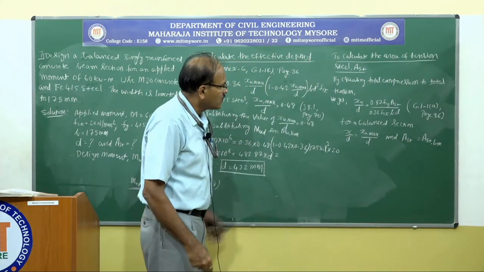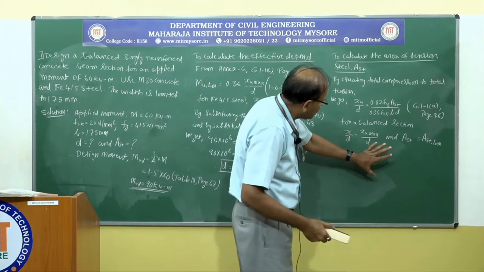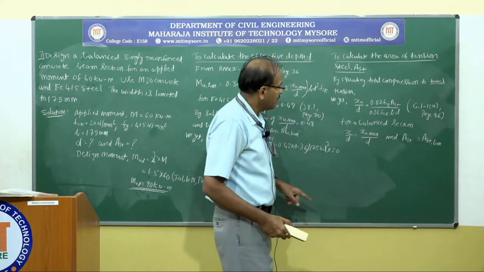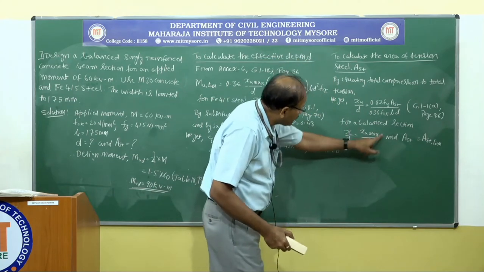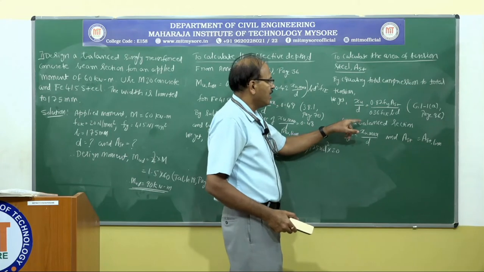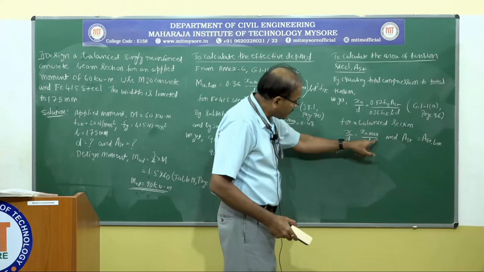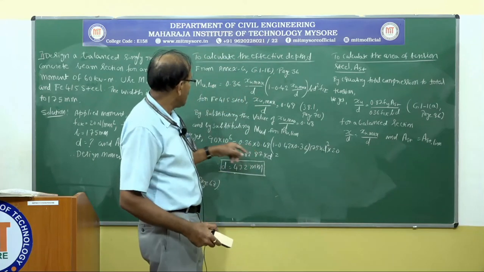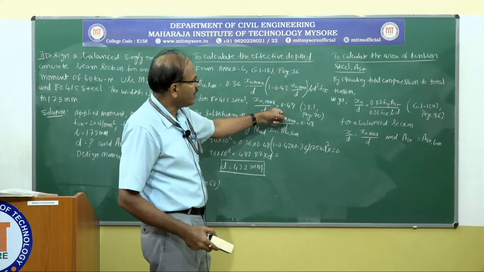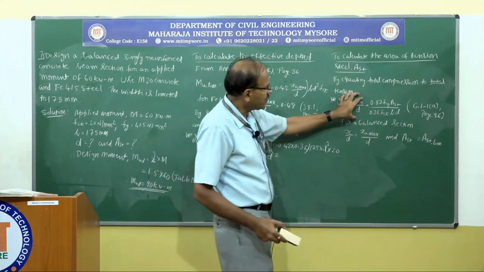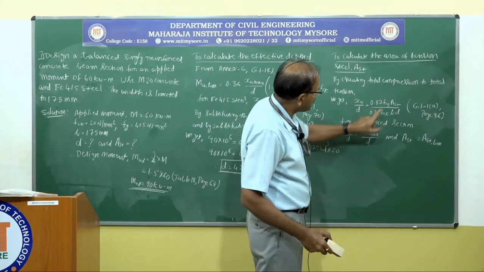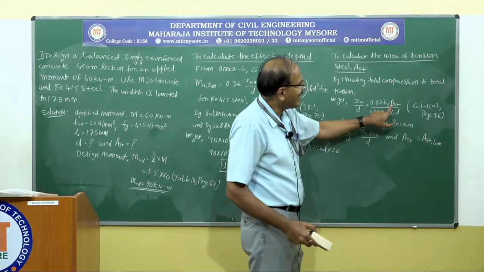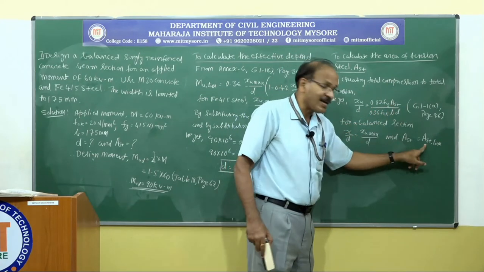By substituting the values here, when you substitute the value of XU max by D, which is 0.48, and the other values are known, D is also known, we can get AST, that is nothing but AST limit.